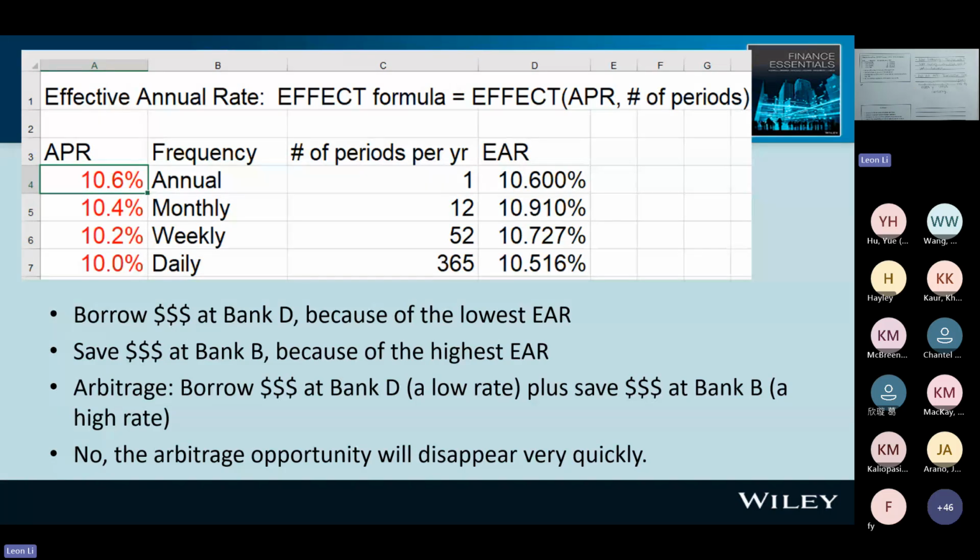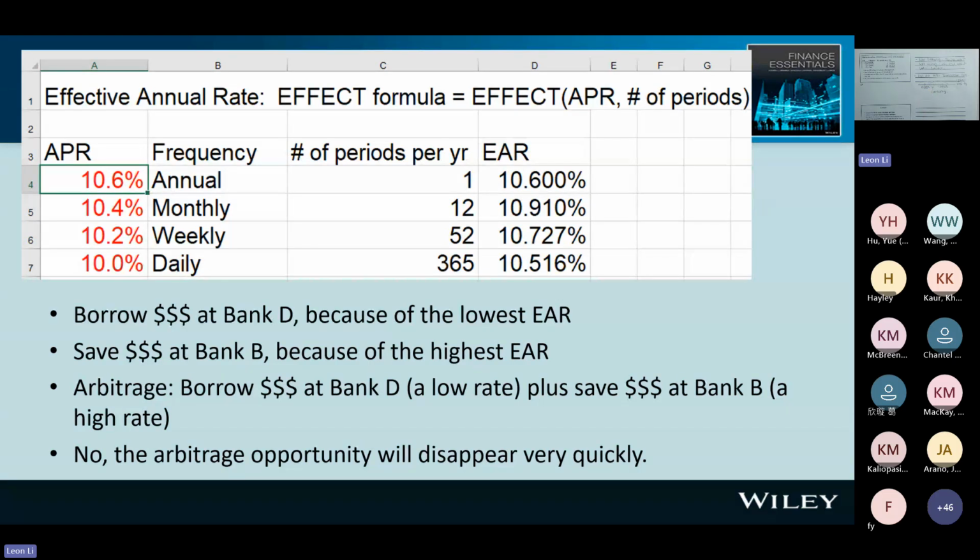So in our calculation, you might see EAR as one number, but in practice, it's not. It's a range, if you consider the transaction cost. And if it's a range, we have an overlapping area here.